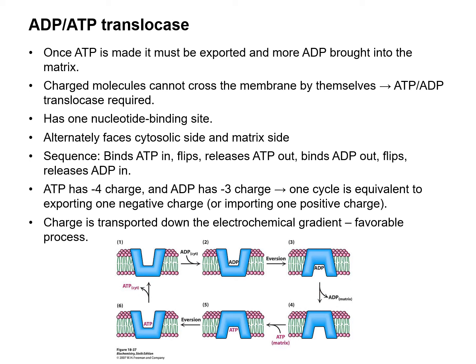ATP has 4 negative charges, and ADP has 3 negative charges when you look at the structures of the molecules. One cycle is equivalent to exporting 1 negative charge, because -4 goes out and -3 comes in. So it's the same as importing 1 positive charge into the matrix, and this charge is transported down the electrochemical gradient, so it's a favorable process.